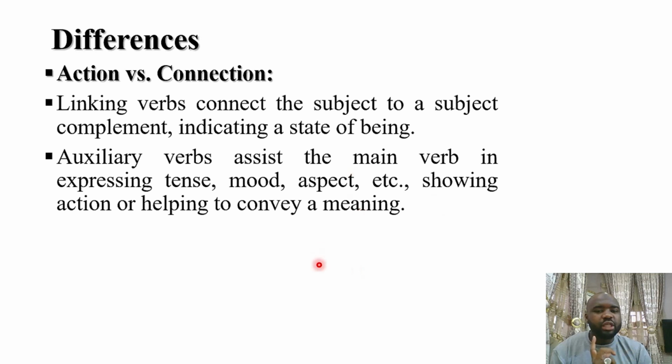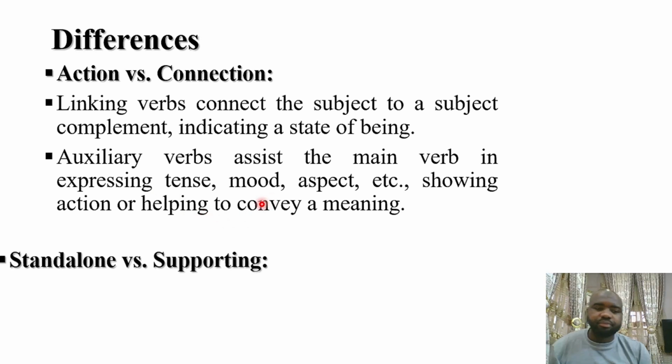Linking verbs stand alone; they are not in the company of a main verb, whereas auxiliary verbs do not stand alone, but work hand in hand with the main verb to show whether that verb is in the present, past, or future tense, or they show mood or aspect.